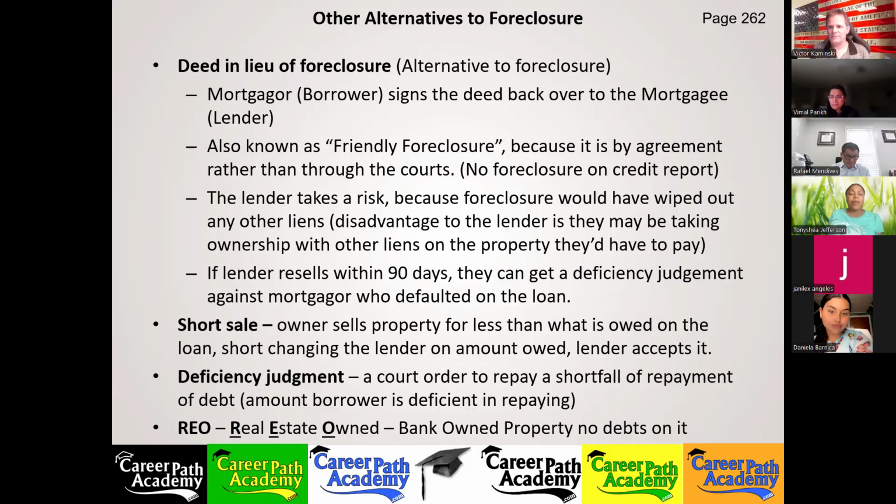So they're not going to chase after you. The lender agrees to accept less than what you owe them.